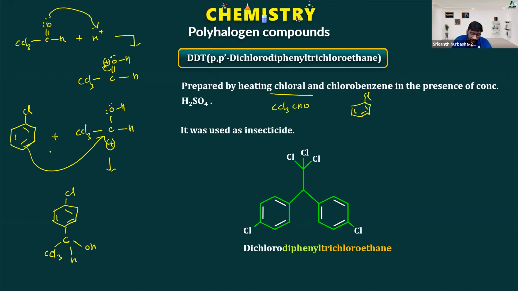Chlorine is ortho-para directing, so we have written the para product. Now this para product will again react with H plus ions, because H plus is there in the reaction mixture. The lone pair of electrons present on oxygen will attack H plus to form this compound, CCl3, CH, where OH is converted to OH2 plus.